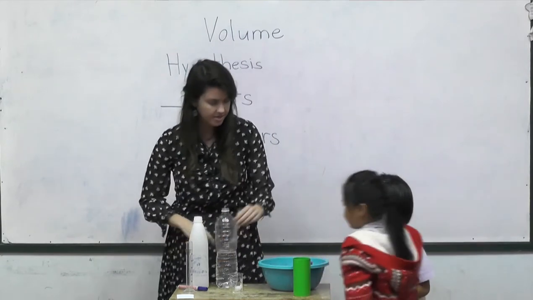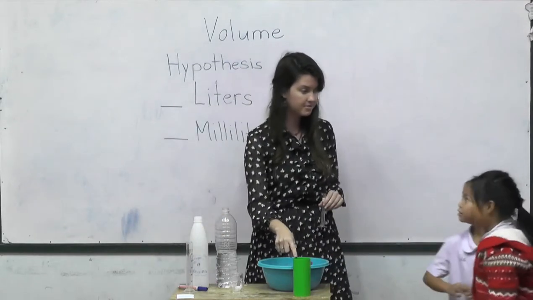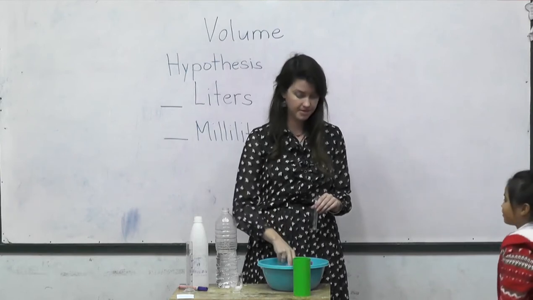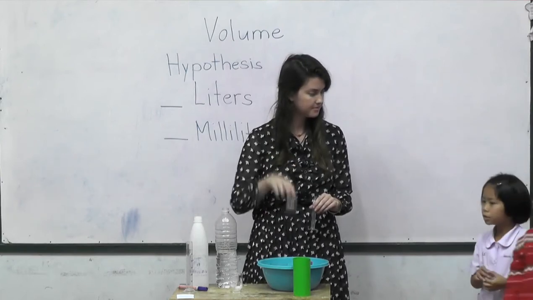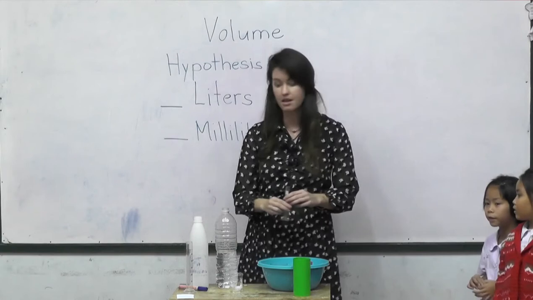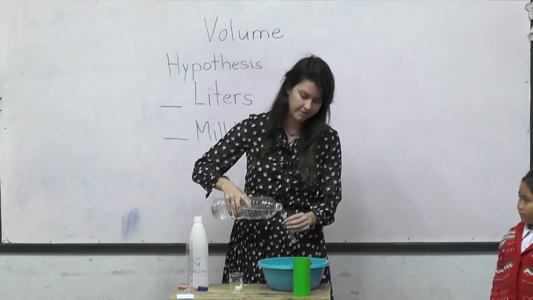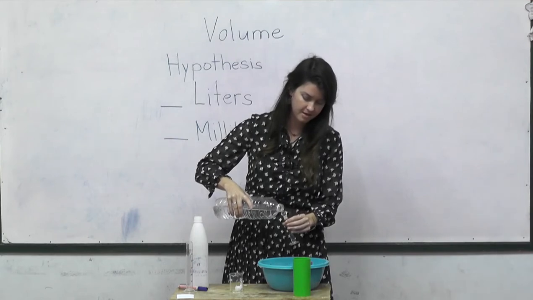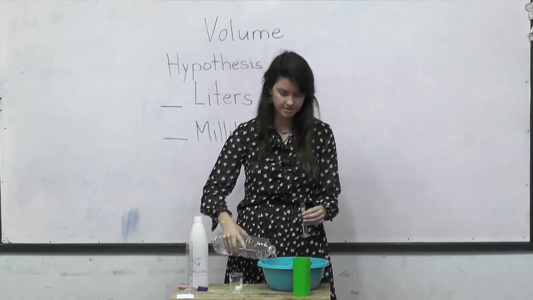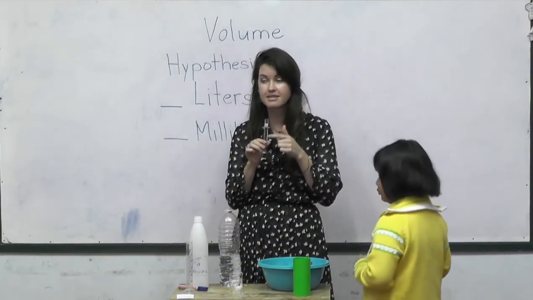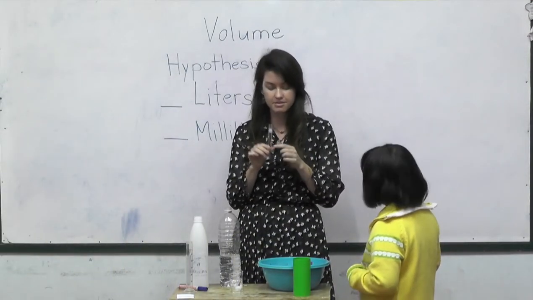Okay, let's see. Thank you, girls. So how many do we have in our cup so far? We did 300 plus 50. That is 350. So we have 350. We're going to switch over to our 10 milliliters.